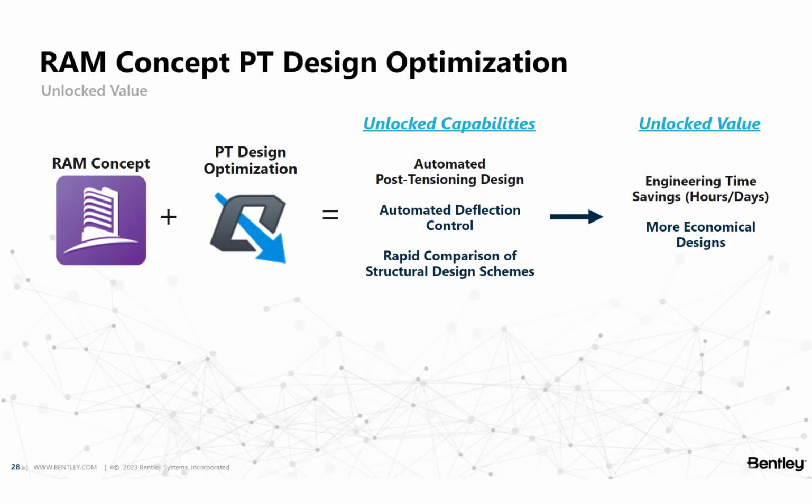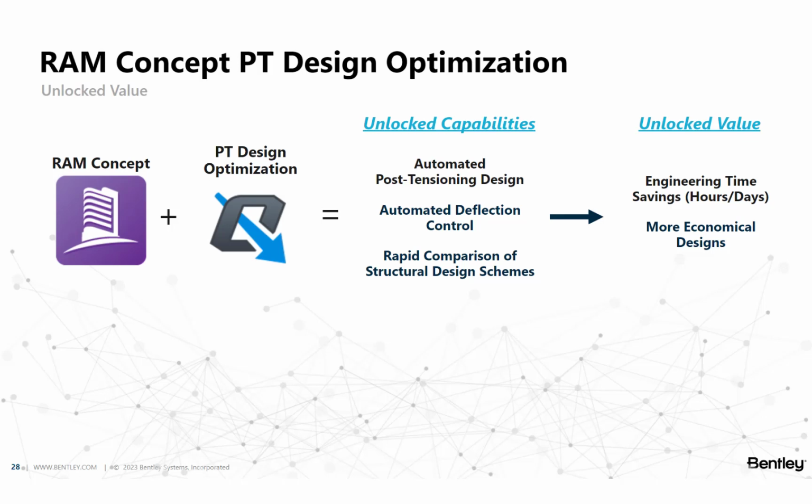And as I mentioned before, just let the optimizer do the work. And while the optimizer is working, you and also your desktop are free to focus on other engineering tasks. So that's an added value. Instead of focusing on those tedious manual iterations, you can add value to your project by focusing on detailing, documentation, coordination, or any other thing that you find adds engineering value to the project.